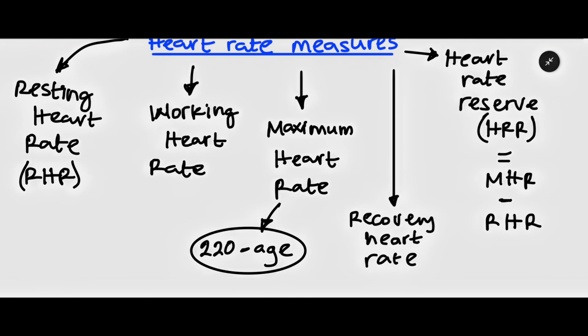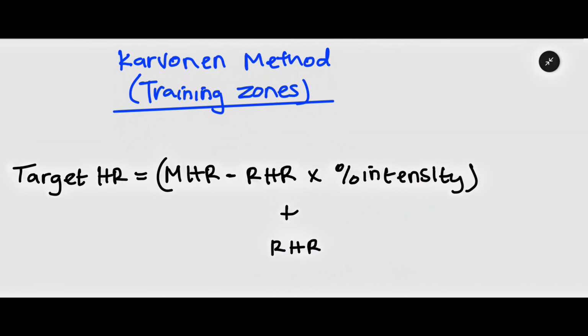Now let's look at a formula that comes under the Karvonen method. The Karvonen method uses a formula to measure your target heart rate for a specific training zone. Its formula is target heart rate equals maximum heart rate minus resting heart rate, times percentage intensity, plus resting heart rate.